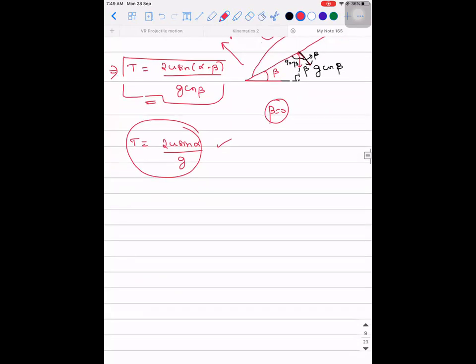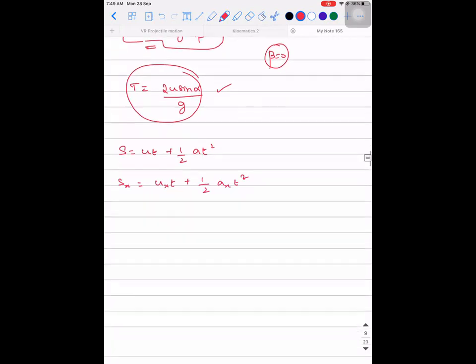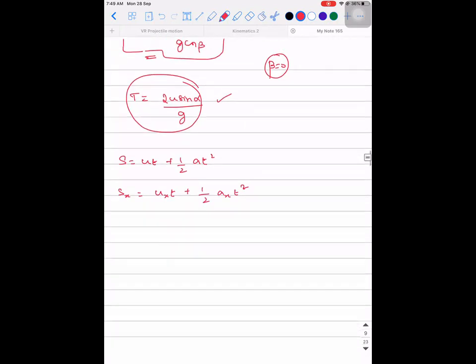Now, similarly, tell me how to find the range. So R is equal to, what do we take? Apply S is equal to ut plus half at square along which direction? X direction. So Sx is equal to ux into t plus half into ax into t square. The displacement of the particle along x direction is the range, that is OB. What is the velocity along x direction?